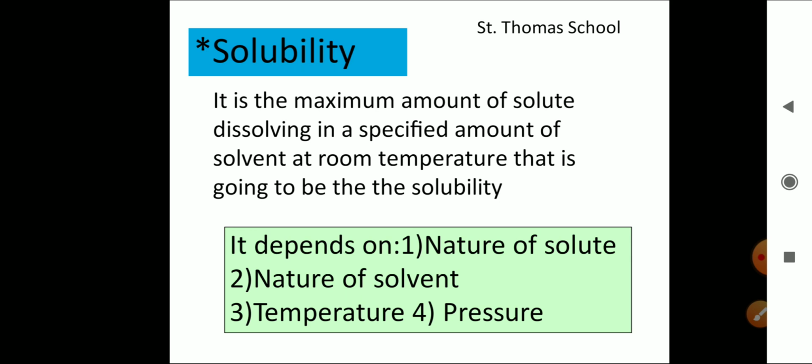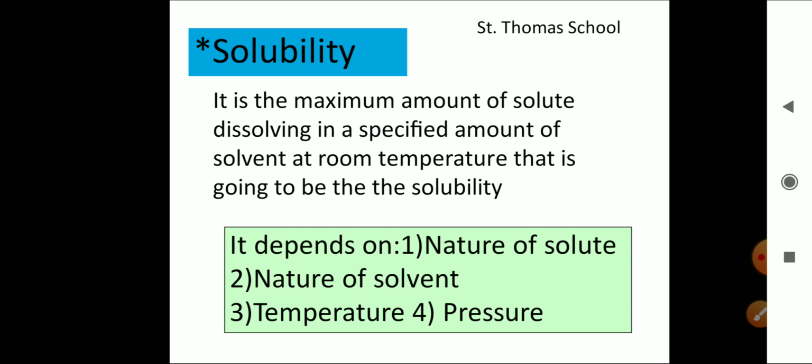Understood? It is a maximum amount of solute, that is, whatever solute you are taking has to be dissolved in that amount of solvent and at a particular temperature, that is going to be said as a solubility.